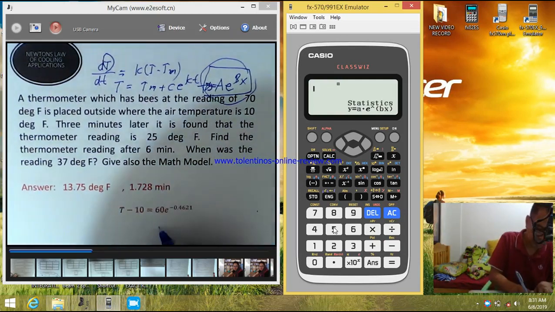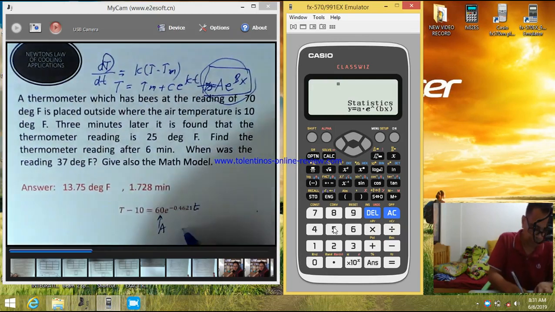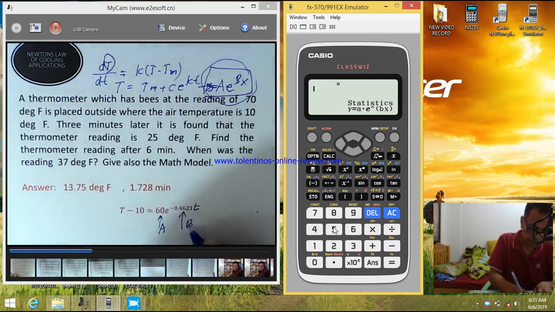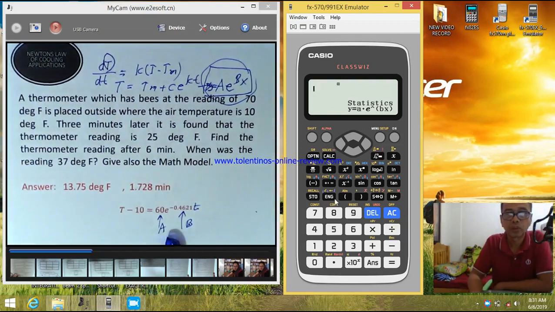Let's have this model now. We want to find this A. By the way, there must be a T here. And we want to find this B. So enter option and then down. Then input number 4, that's regression, and then just input that A equals. You see I got the value of A as 60.